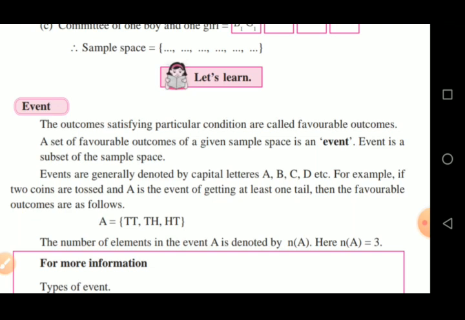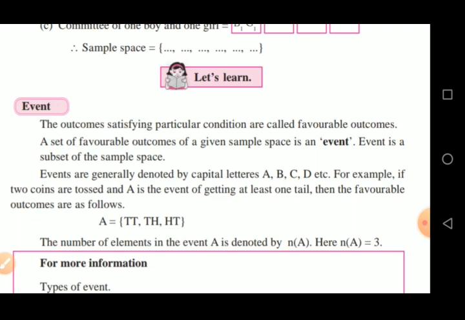We have seen that. Now, A is the event of getting at least one tail. Here a condition is given in the event.